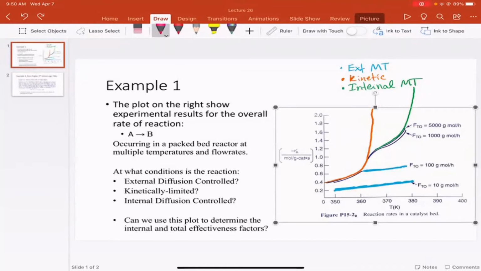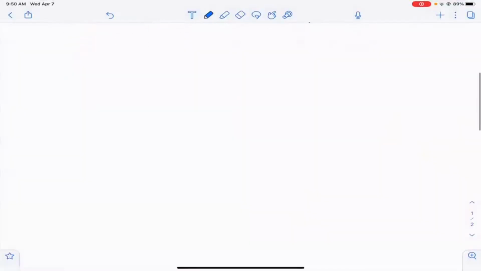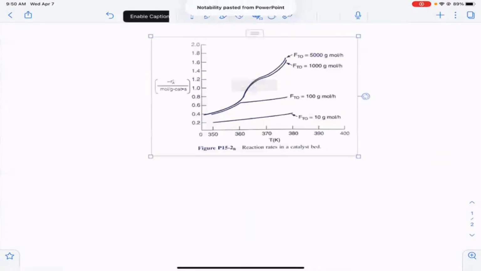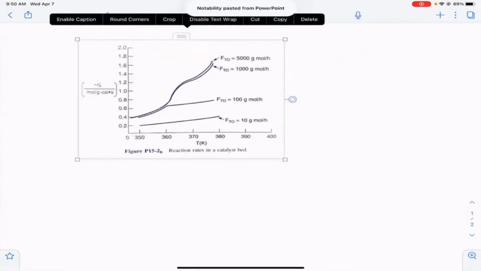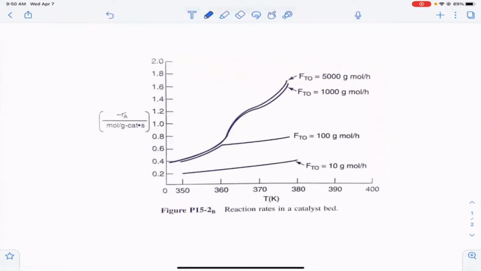So let's take another look at this data set and answer this last question. Can we use the data to determine the internal effectiveness factor and the total effectiveness factor? That question in and of itself, quite honestly, is a little bit of a trick question, because those effectiveness factors are a function of all of the variables, right?